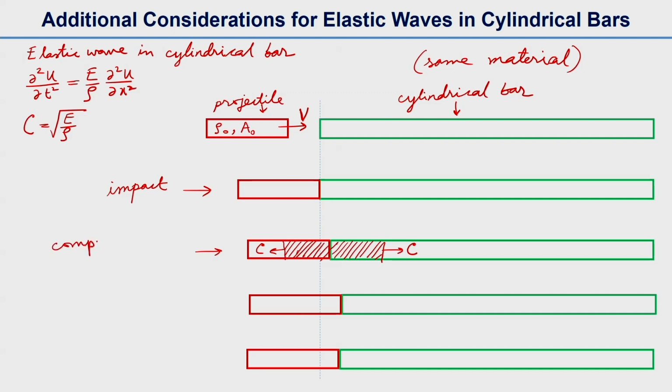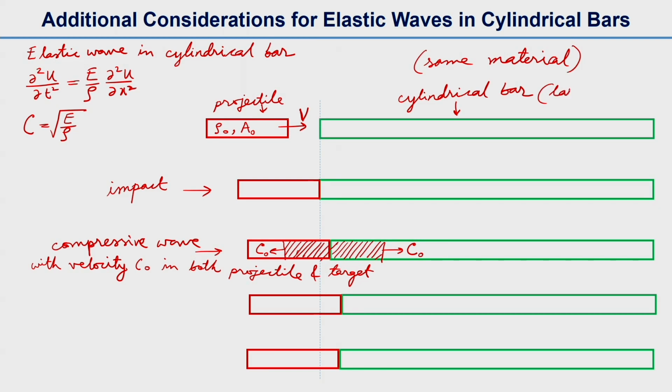So compressive waves with velocity C naught, the wave velocity, propagate in both the projectile and the target, and the cylindrical bar is the target.